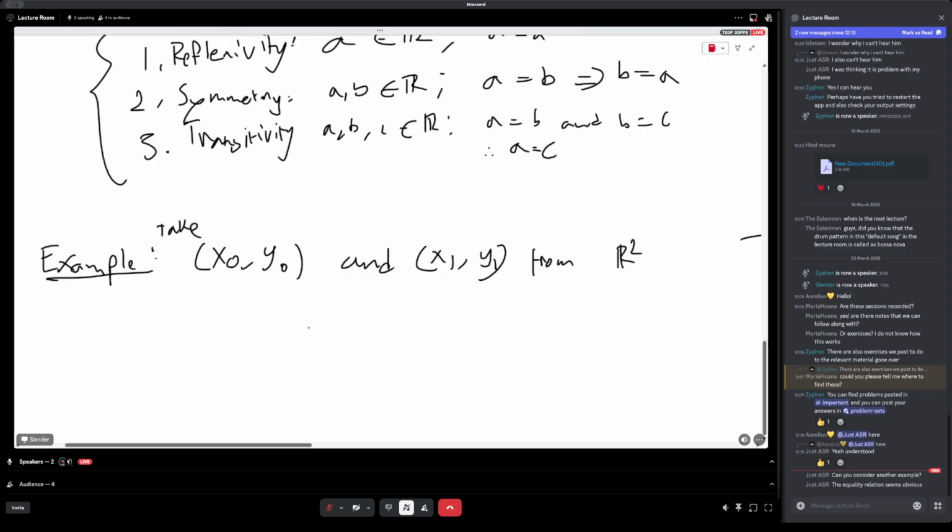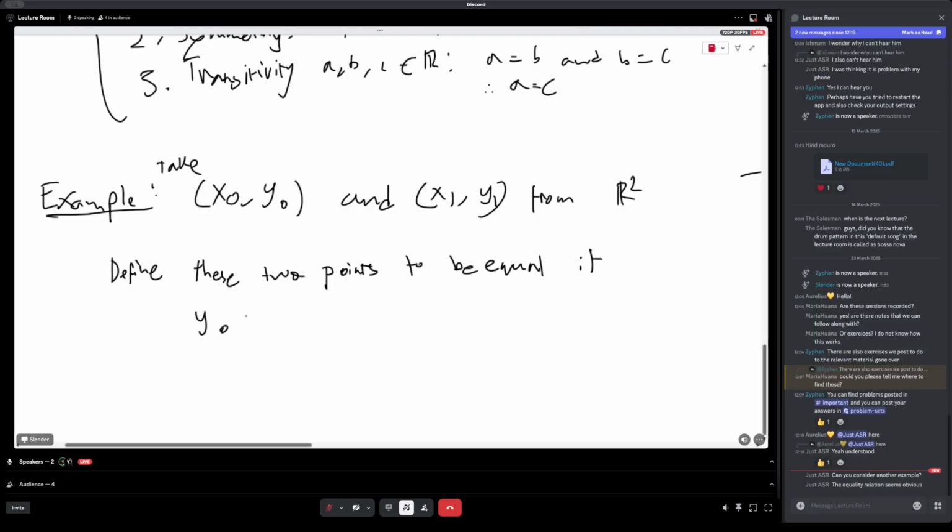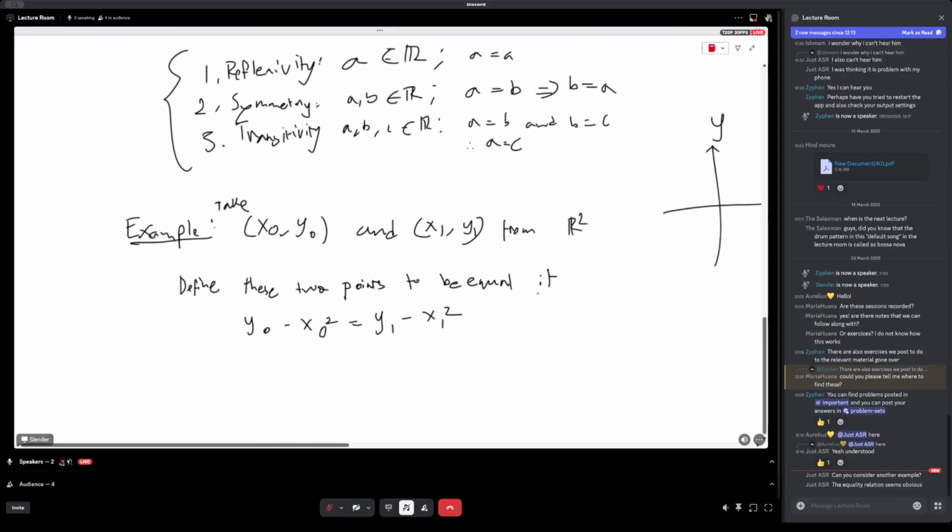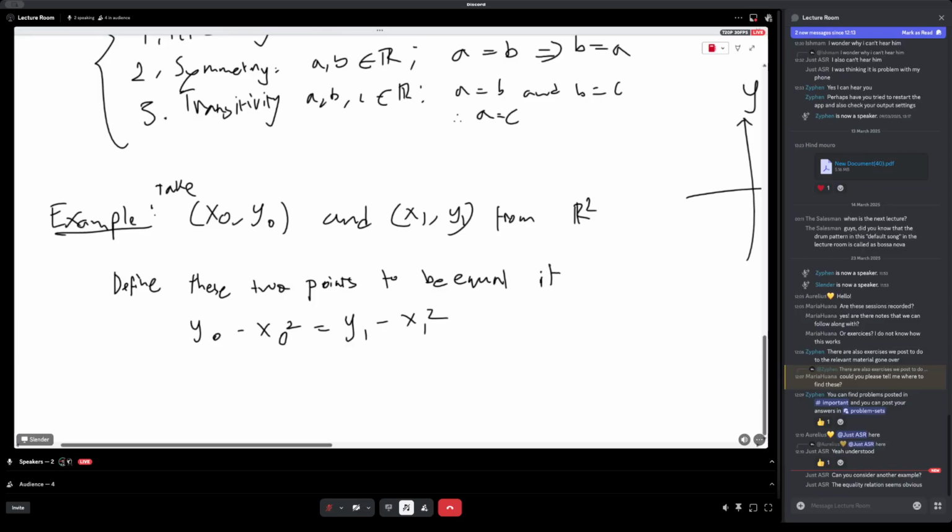Now we can define these points to be equal with an equivalence relation. Say we define these two points to be equal if (y0 minus x0) squared is equal to (y1 minus x1) squared.